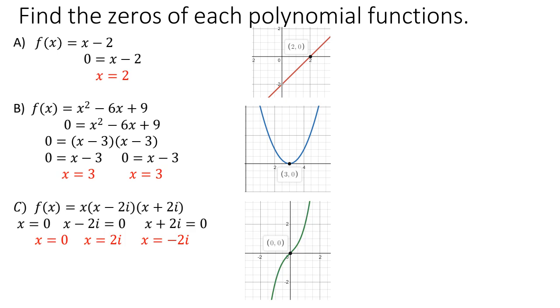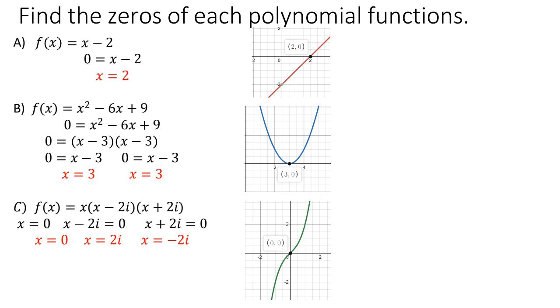Now if we look at this third example, f of x is equal to x times (x minus 2i) times (x plus 2i). We covered complex numbers last week, and this is what we're talking about: a polynomial function can have a complex number solution.